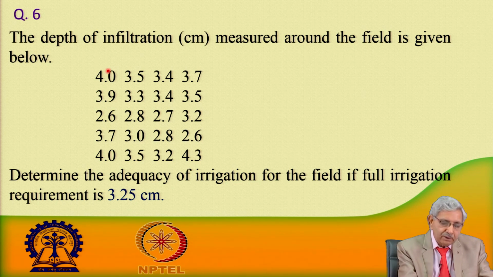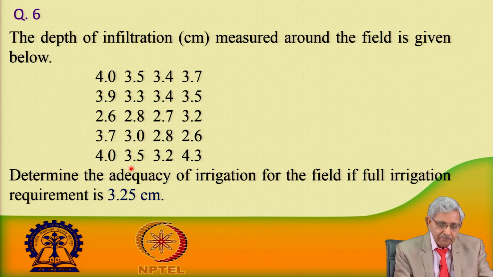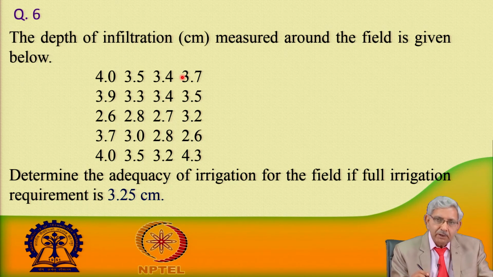When we have 100% area and we divide it, this is the matrix which we are seeing here. So, there are 20 grids, a 5 by 4 matrix, and for each area the infiltration is represented.